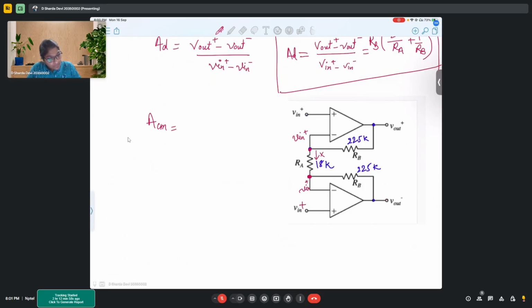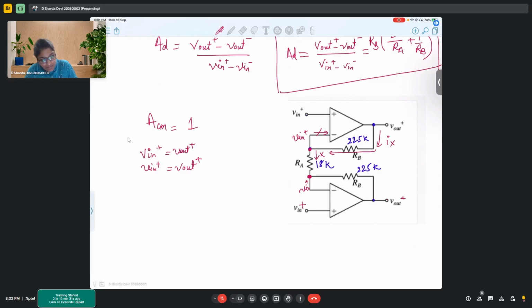And we know that there won't be any current flowing through this also, because there cannot be any current flow through this. Which makes V in plus equal to V out plus, V in minus equal to V out minus.